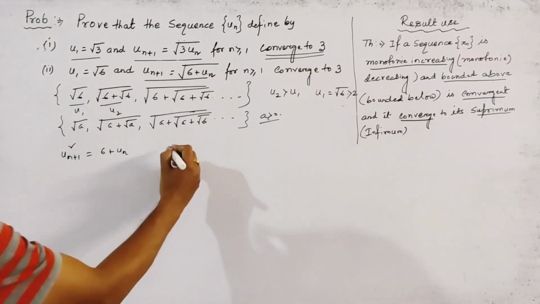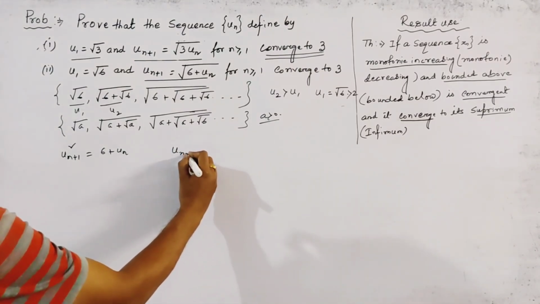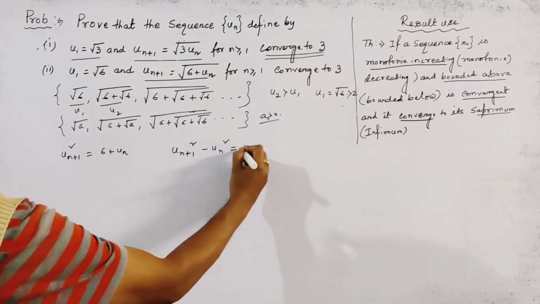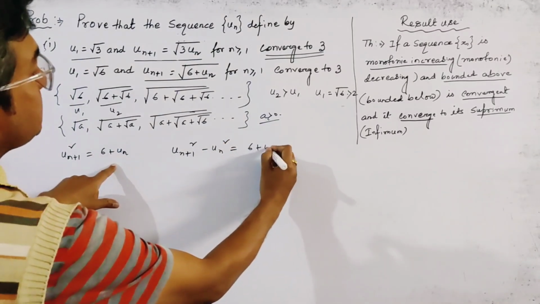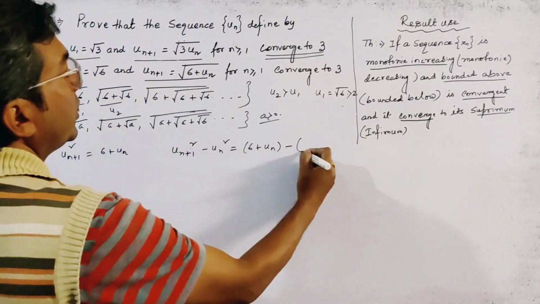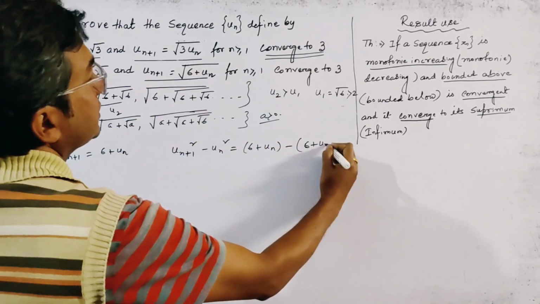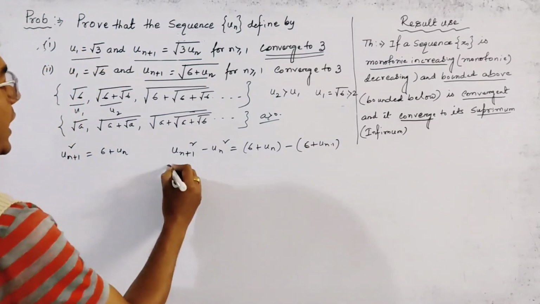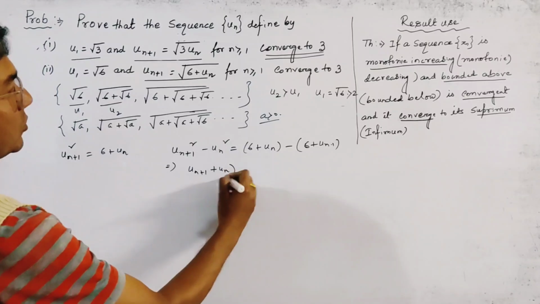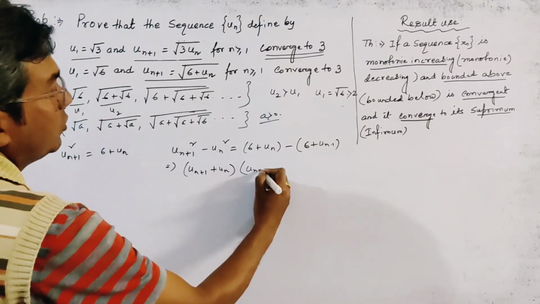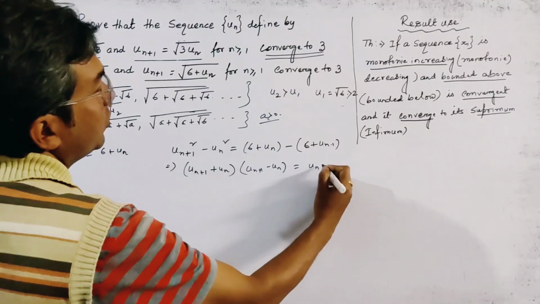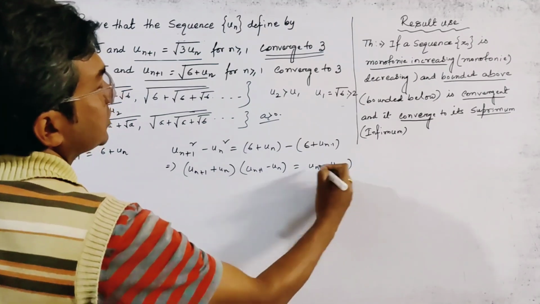Now we write un plus 1 square minus un square equals 6 plus un, and for n equal to n minus 1, this is 6 plus un minus 1. Getting the result, un plus 1 minus un, we get plus, and un minus un minus 1.